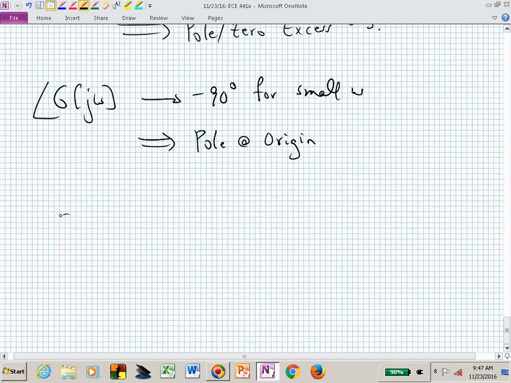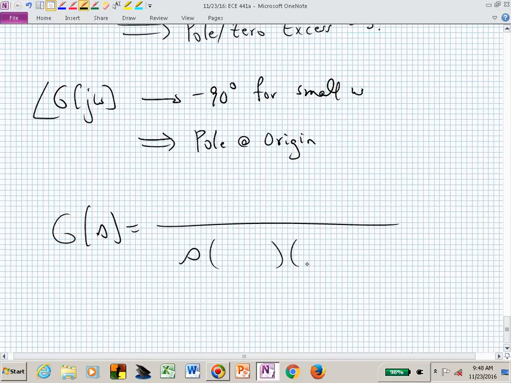So that now I could say, okay, I have G of S that's like this, and I know that I now have something like that, maybe. Or I need a pole zero excess of 3, so if I had 4 pole factors, I would need a 0 factor. Is that clear?